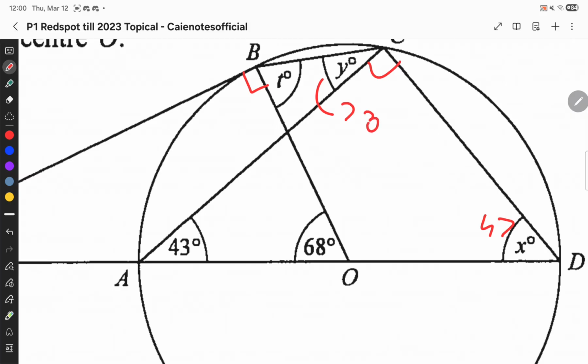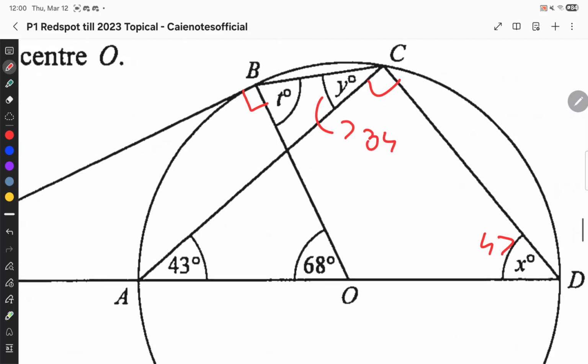Y is 34. It's very sneaky, but sometimes you just have to see sneaky things. Move this towards the center, to the circumference, to find any angles, and sure enough you do, which is y, and that's how you get the answer.